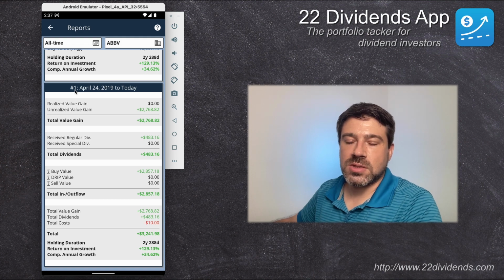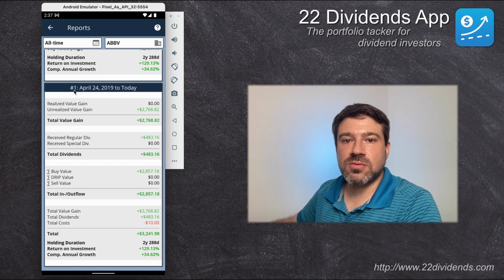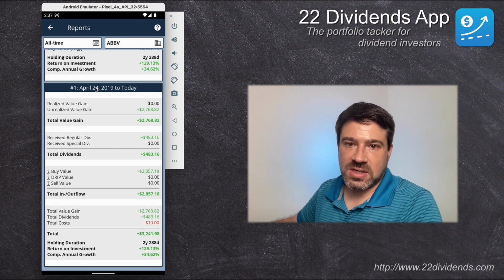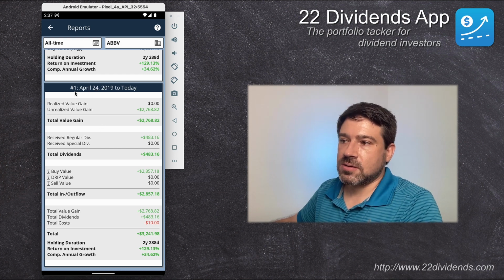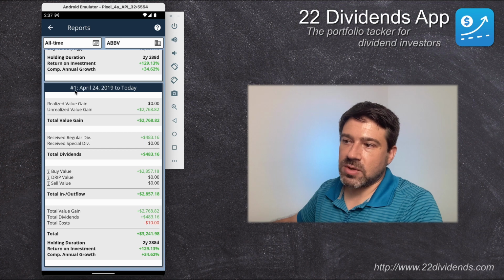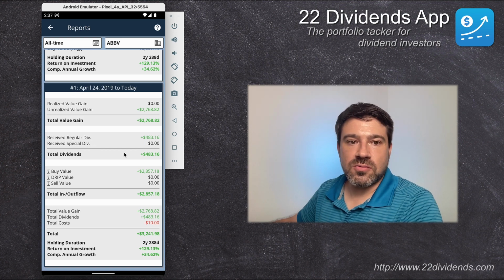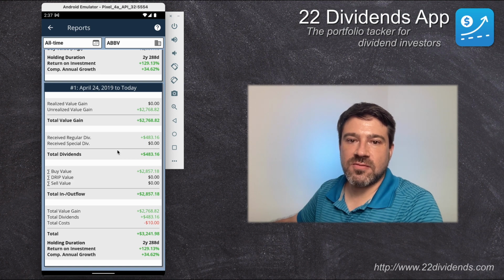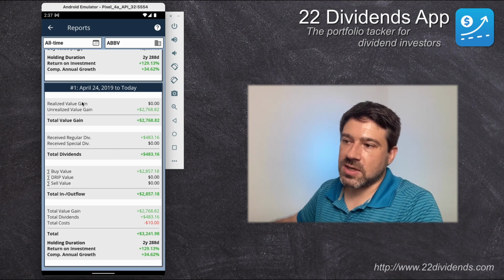But it might be that there was 1-2 years between the two positions. So you have two separate positions of the same stock at different times. And this number here, number 1, refers to one of the positions. For each of those positions, you get one individual report.